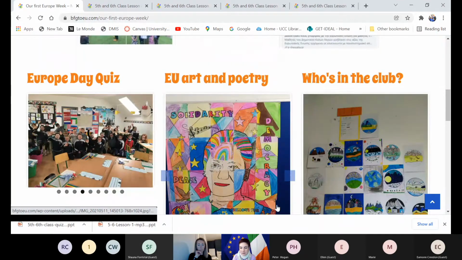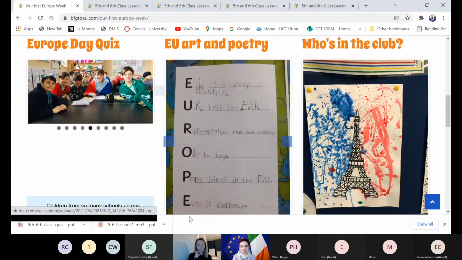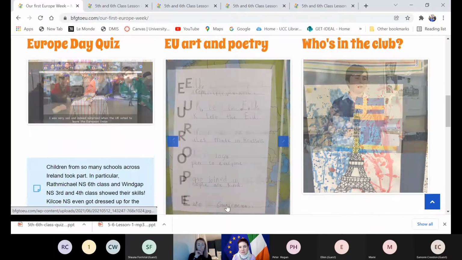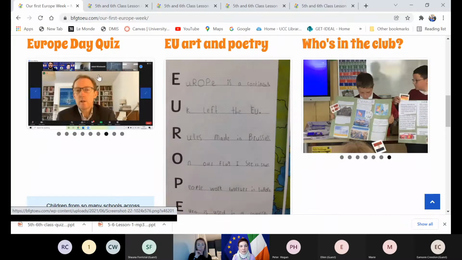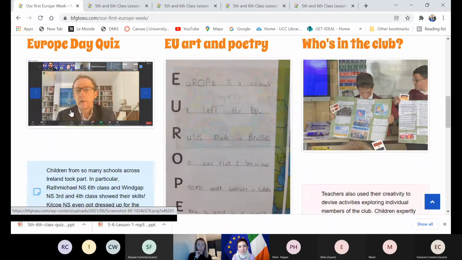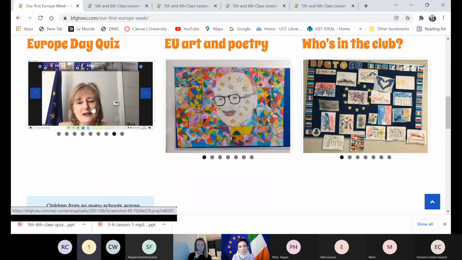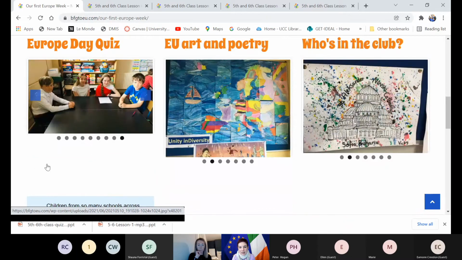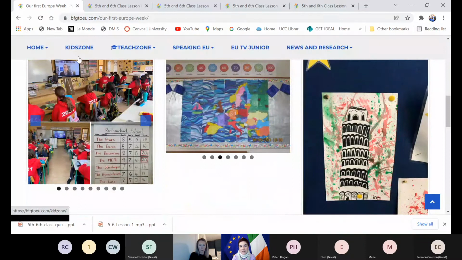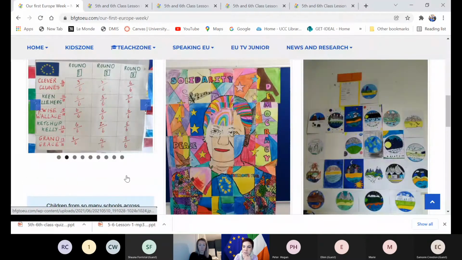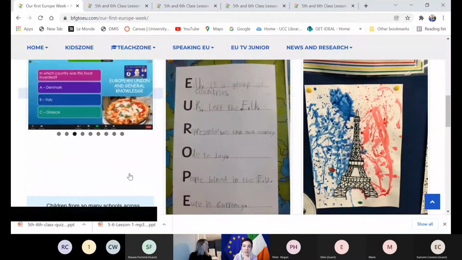And this is what the collaborative art looks like. This is the acrostic poems that the children wrote. And here you can see the 3 MEPs that engaged with us, Deirdre Clune, we had Barry Andrews, and we had Sean Kelly. And they answered the children's questions, and it was brilliant. Like, they were online, and it was just really good.